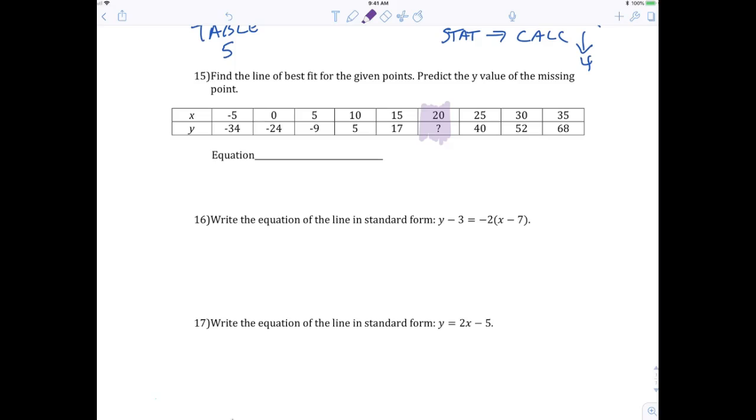Come on, chop, chop, girls. Hey, be quiet. Type the numbers in.